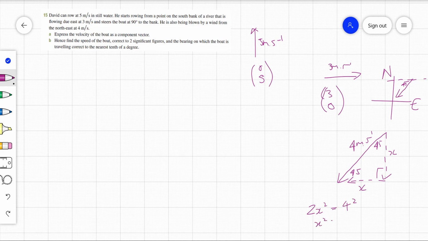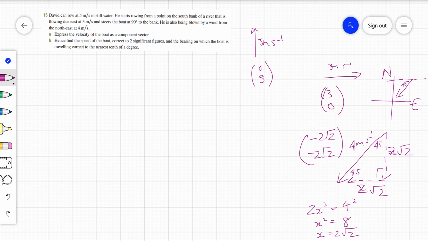So x squared is going to equal 8, so x is going to equal 2 root 2, the square root of 8. So we've got 2 root 2 going down and 2 root 2 going across. So that vector would be minus 2 root 2 for the across and minus 2 root 2 because it's going down. So that's all the activity happening.